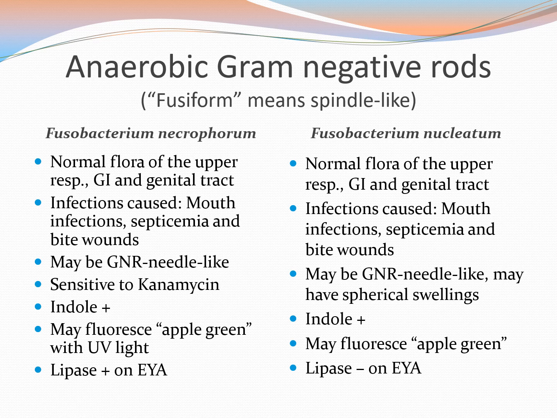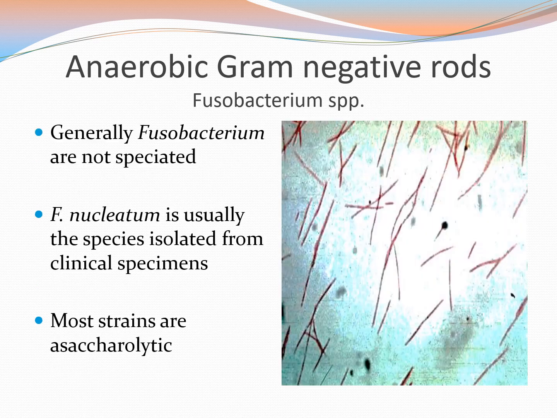They're indole positive as well, and they may fluoresce apple green as well, but this time they're going to be lipase negative on egg yolk agar. Now, all Fusobacteriums make only butyric acid, while other anaerobic gram-negative rods make butyric acid and isobutyric acid.